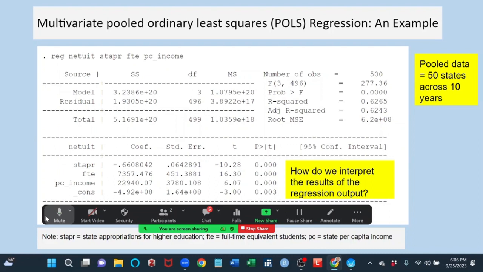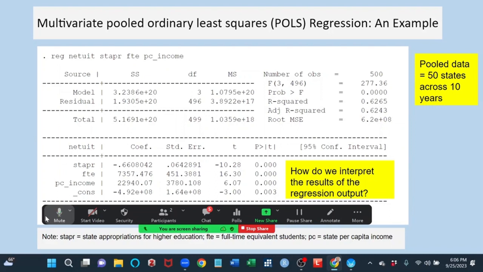Are we getting the dollar increase from up there under residual? No, when I said dollar increase, really this is based on how we entered the data. So if we have the data in both net tuition revenue and state appropriations in dollars, right?